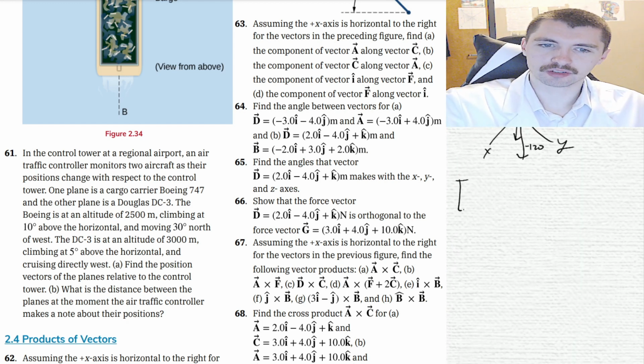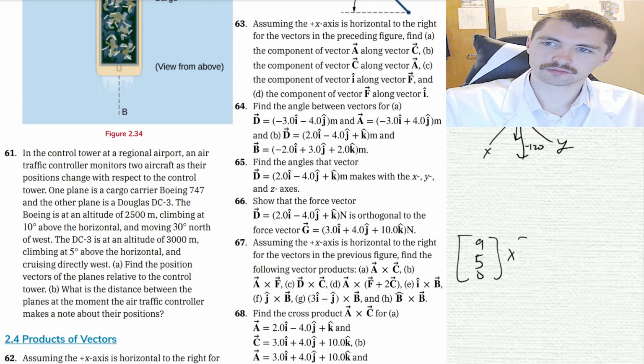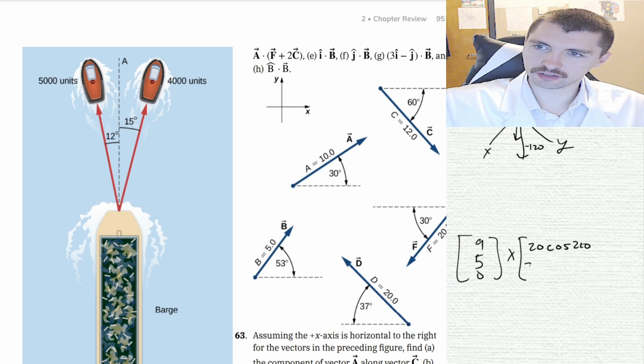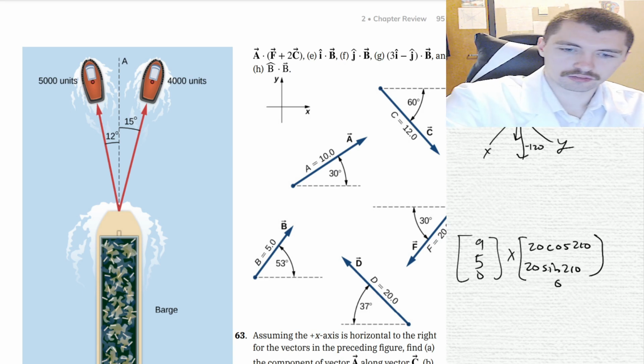All right. What about 9, 5 cross F? F is 20 cosine 210, 20 sine 210, and 0.